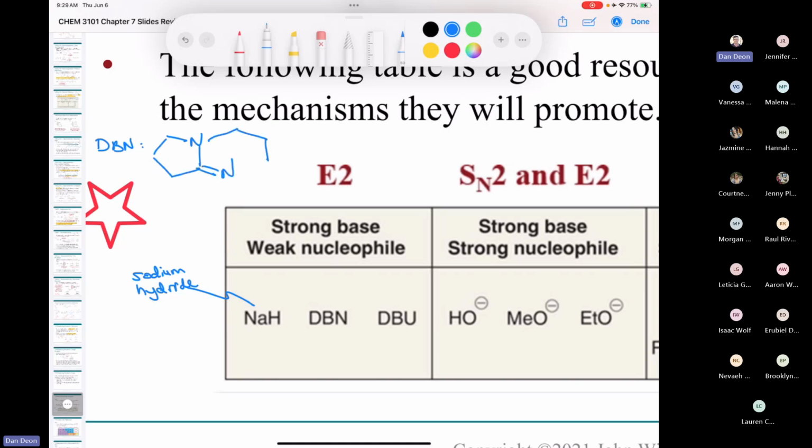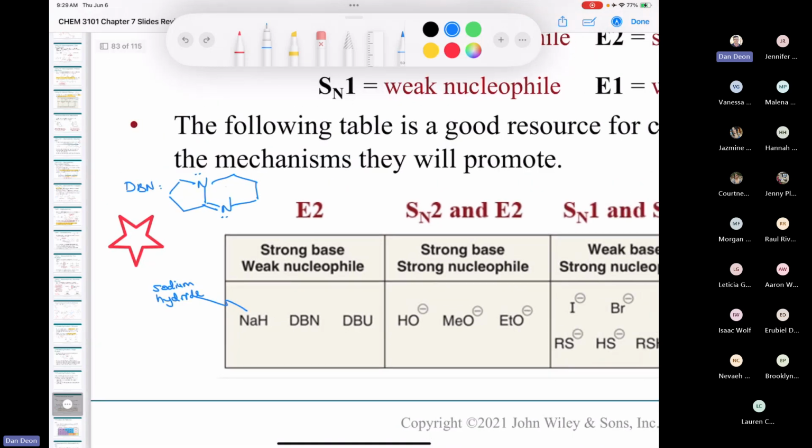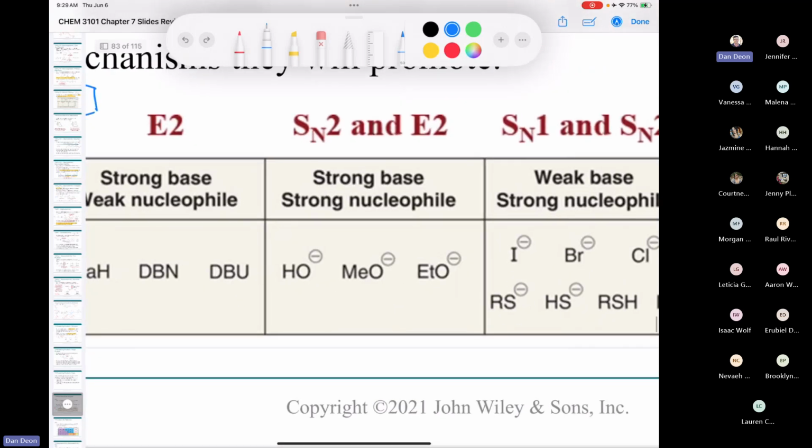And then this one is a 6-membered ring like that. So DBU and DBN, they're just very bulky. They're very big, hindered bases. So amines are bases, but you can see how big this thing is. So it's a terrible nucleophile, but it's a really strong base. So DBU and DBN are just big, bulky bases that are terrible nucleophiles, but they are very good at picking up protons.